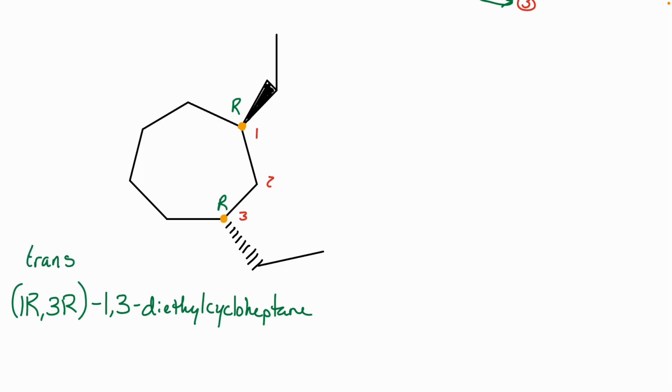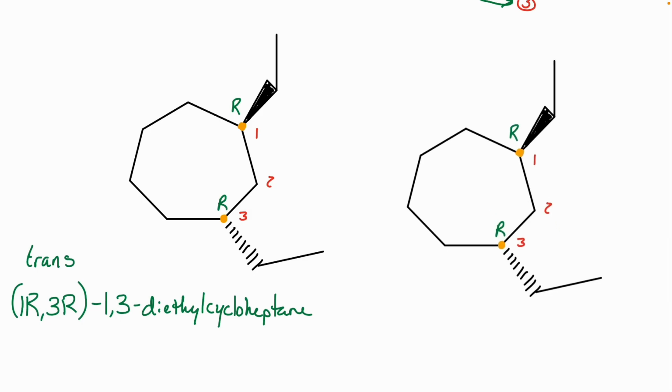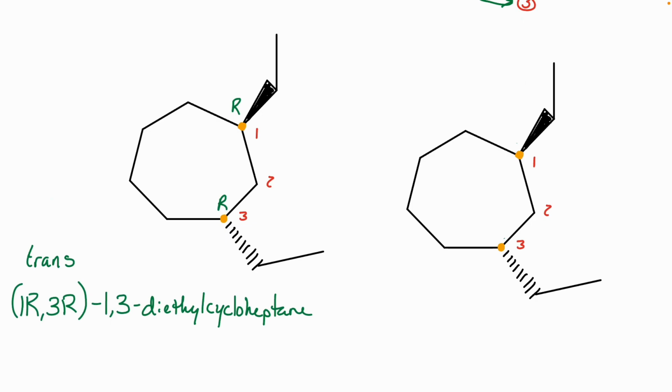But if I take a very similar structure, but I flip those dashes and those wedges, that would also flip the stereochemistry of those two stereocenters. So these are both trans 1,3-dimethyl cycloheptane, but they are actually distinct molecules.